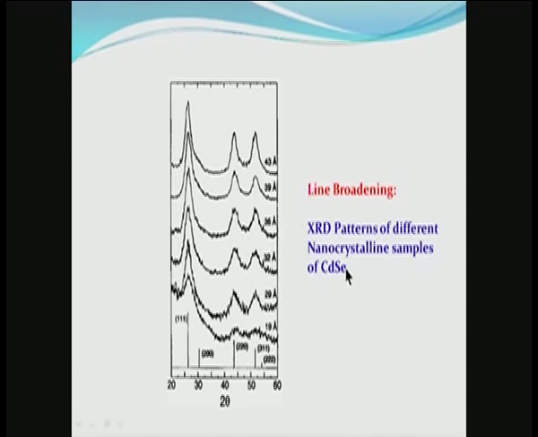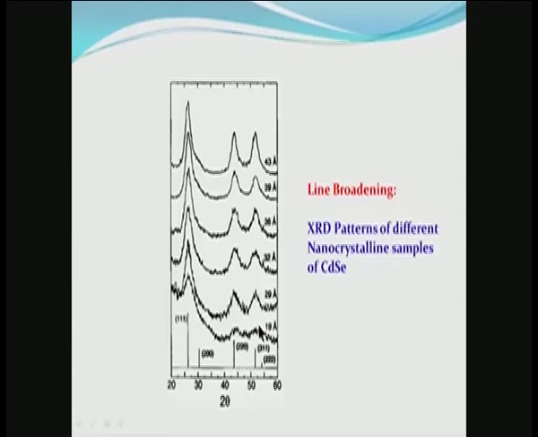Now, this line broadening, as it is called, is shown here in the case of cadmium selenide, which is an important semiconductor. Actually, quantum dots are made out of this, as we described in an earlier session. So, when cadmium selenide is prepared with different average crystal sizes as shown here, this X-ray diffraction pattern becomes sharper and sharper.